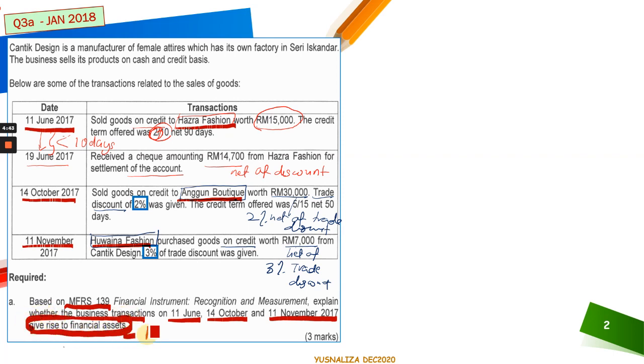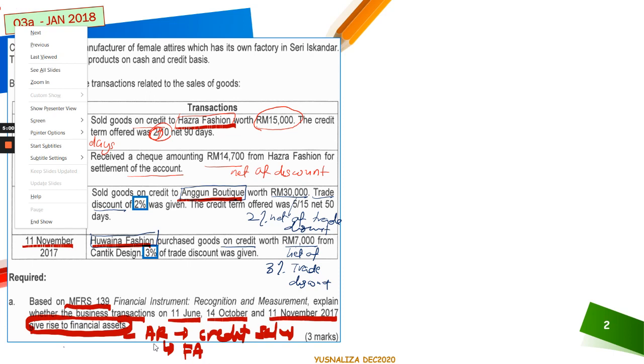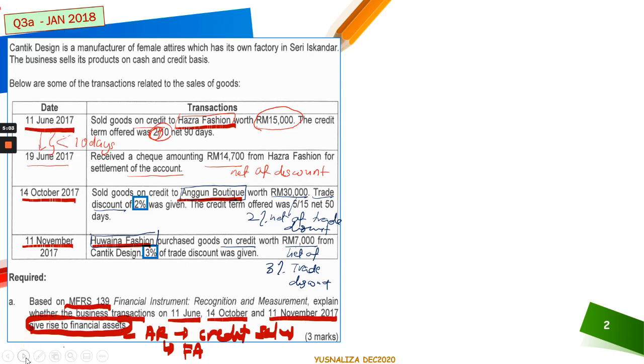And earlier on, I have informed you that there were accounts receivable created due to the credit sales, and you know that accounts receivable is one example of a financial asset, so it gives rise to a financial asset. Right, let's go to the next one.